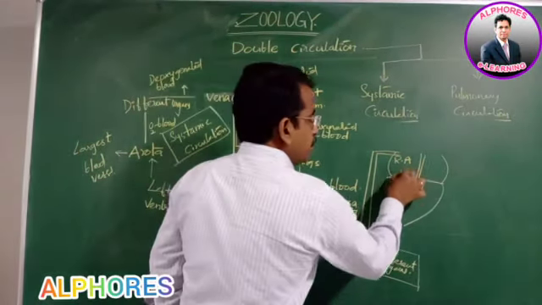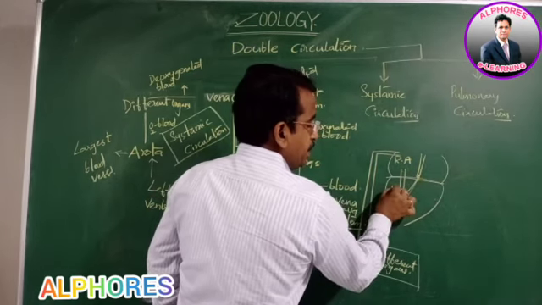From the right atrium, the blood is pumped into the right ventricle.